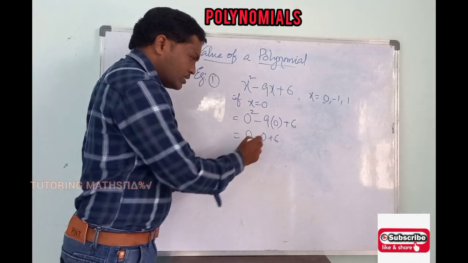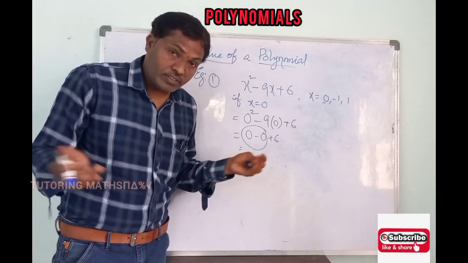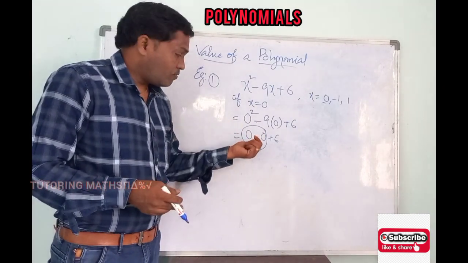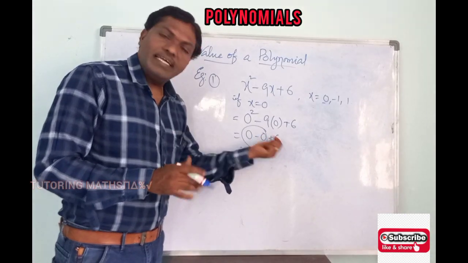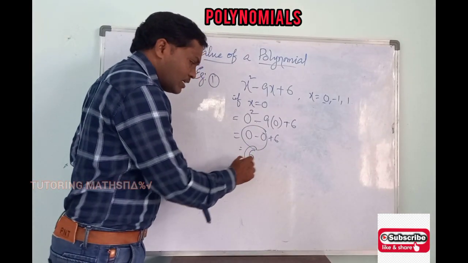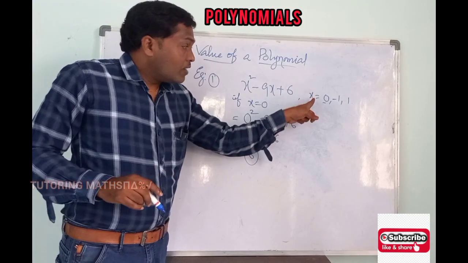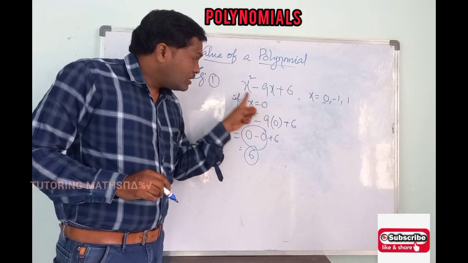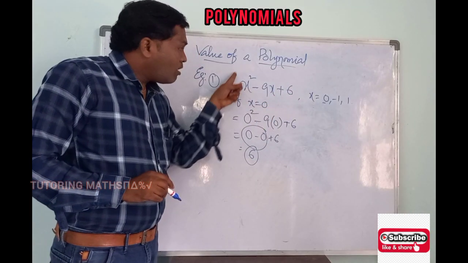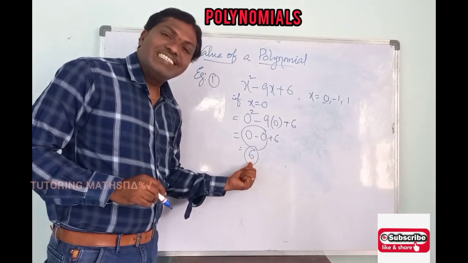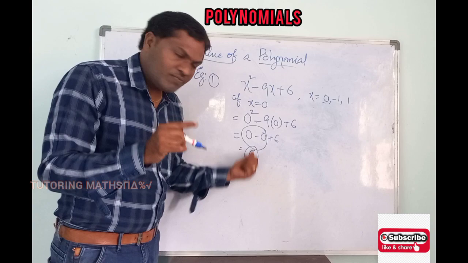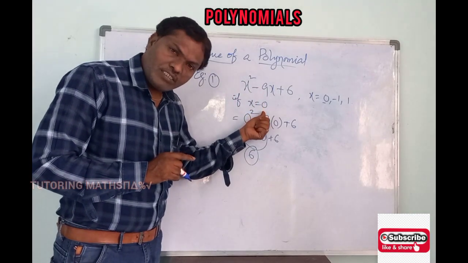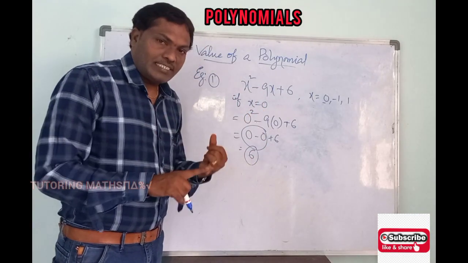So the result is 6. Therefore, when x is equal to 0, the value of this polynomial is 6.